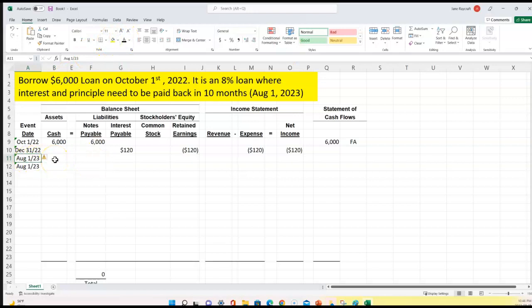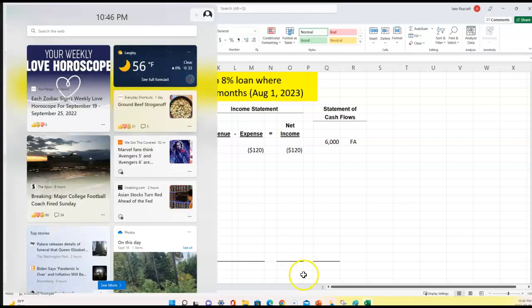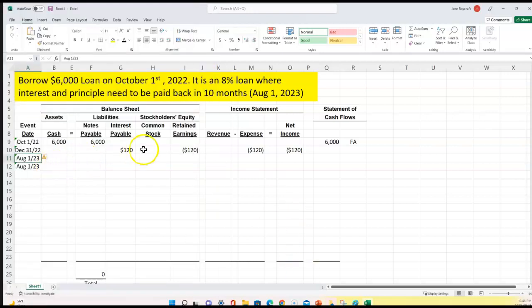So August 1st, 2023, holy smokes. Now we've been using that money for the last 7 months since we've done anything with this loan. So the cost of using it for 7 months is $280.